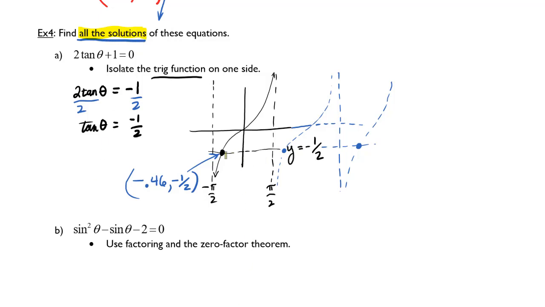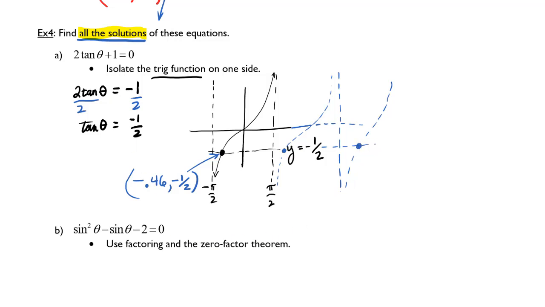Well, I know that if I add pi to my already given -0.46 in the x direction, I would get to the next intersection point. And then if I added another pi, I would get to the next intersection point.